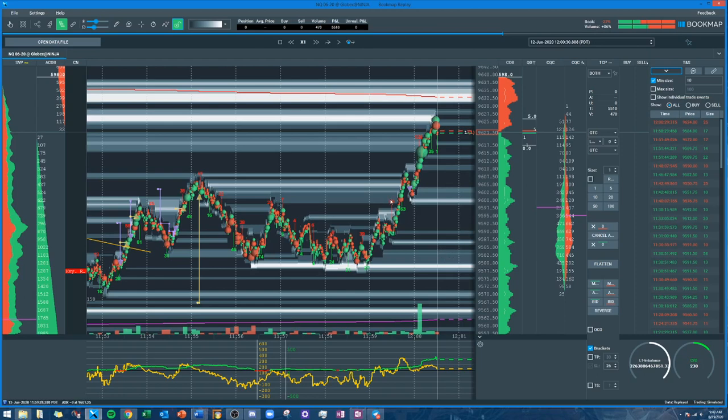It wouldn't surprise me, as this stuff is backing up, that you're getting people putting out these algos to push the market or provide some resistance.